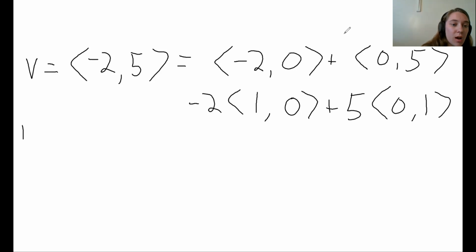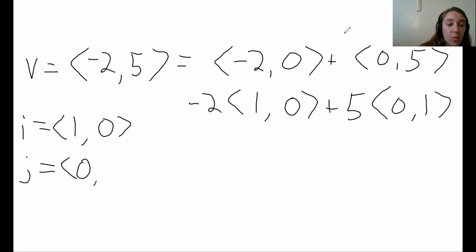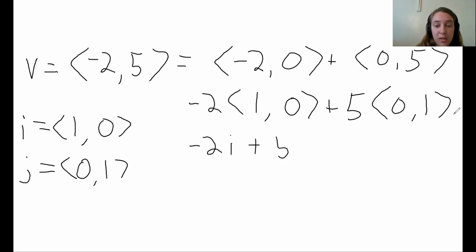Now remember, i was equivalent to the vector 1, 0, and j is equivalent to the vector 0, 1. So we can just substitute the i and j in for the vectors here. We'll be left with negative 2i plus 5j.